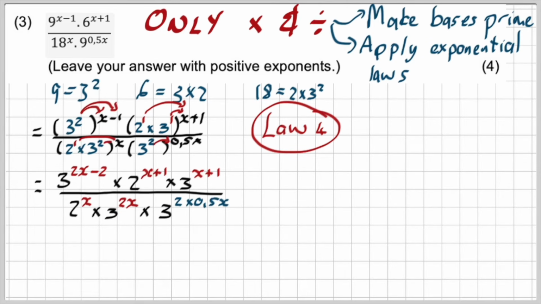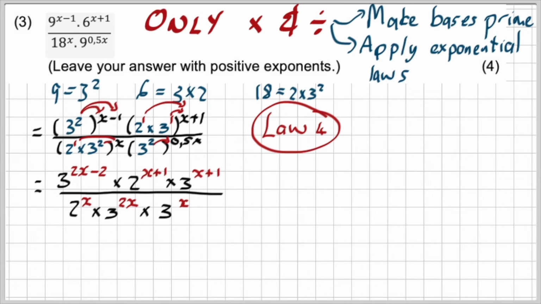So I'm going to take that 2, the 3, and multiply it by x, and the same with that 3. I wrote out the 2 times 0.5x, okay? Which is then going to become x. I wrote it out so you don't think that things just disappear, but I multiplied the exponents with each other.